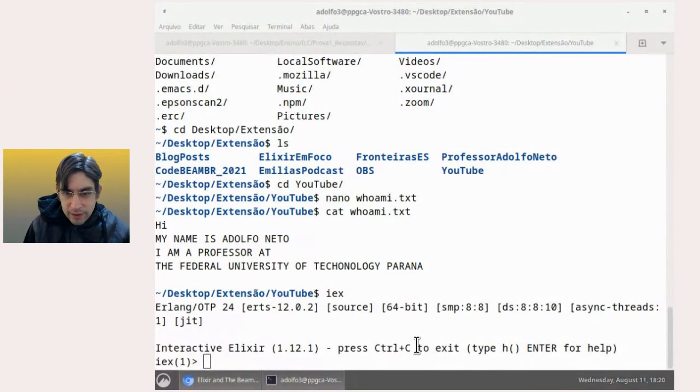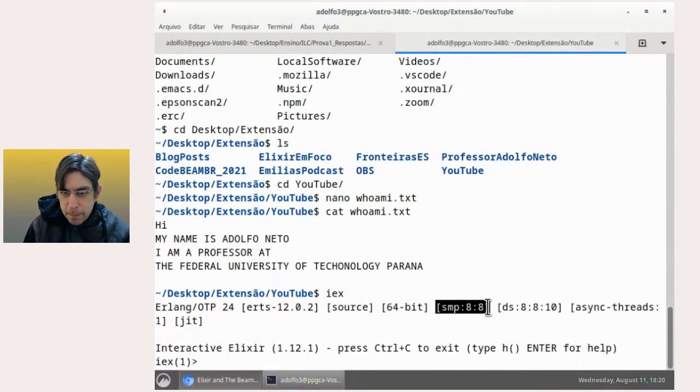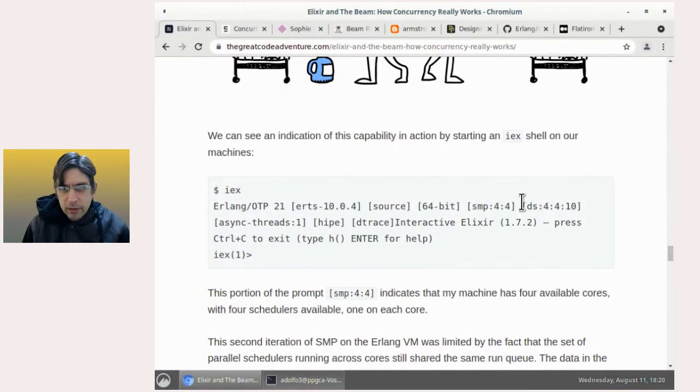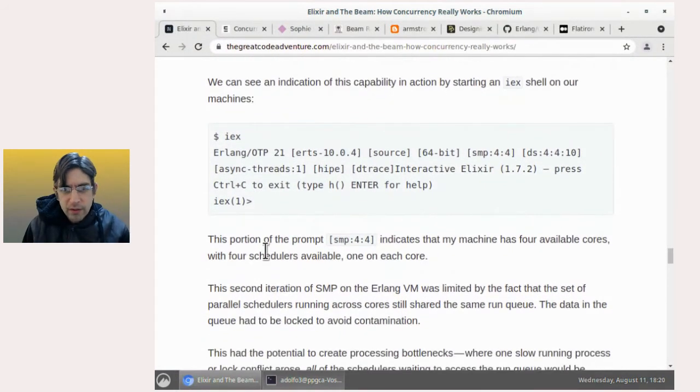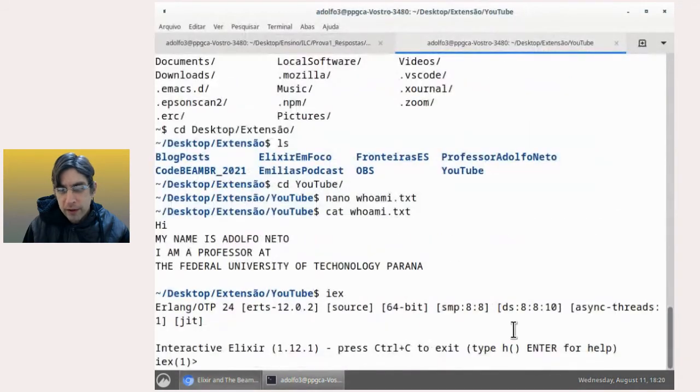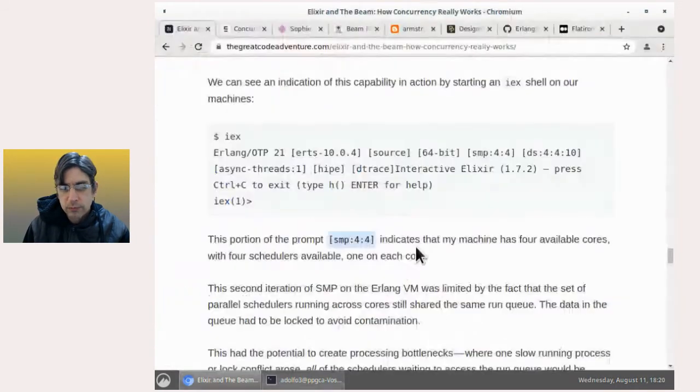Okay, now you can see this part of the prompt, SMP:4:4, which indicates that my machine has 4 available cores with 4 schedulers available, 1 on each core. In my case, it's 8 cores with 8 schedulers.